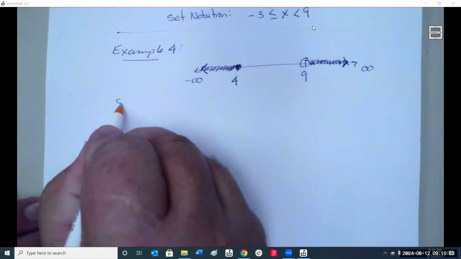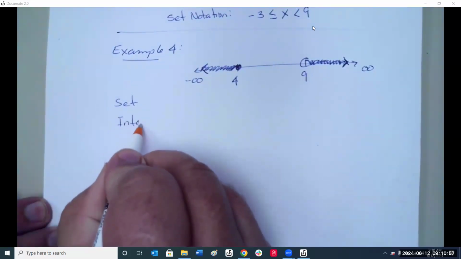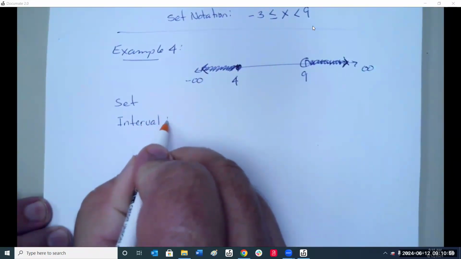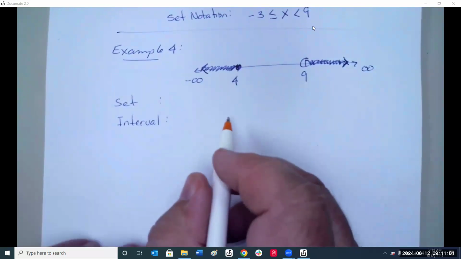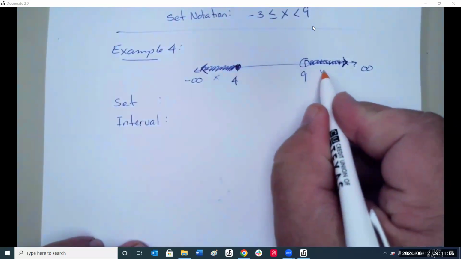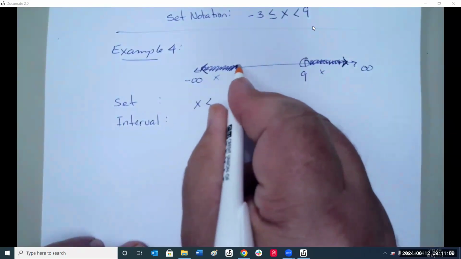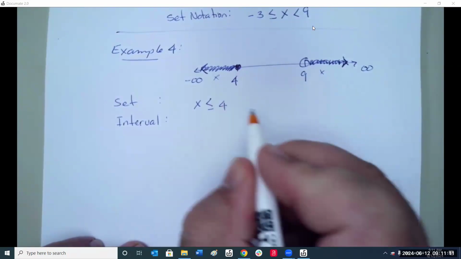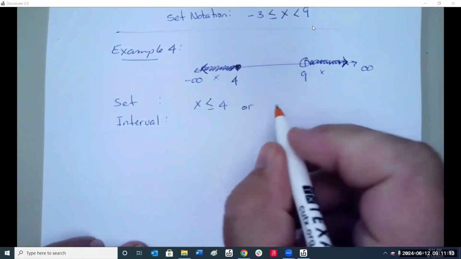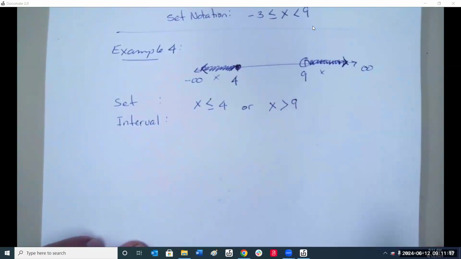That's a graph. We have to have set notation and interval. So what the set says is these are my x's. So my x is less than or equal to 4, or it's greater than 9.